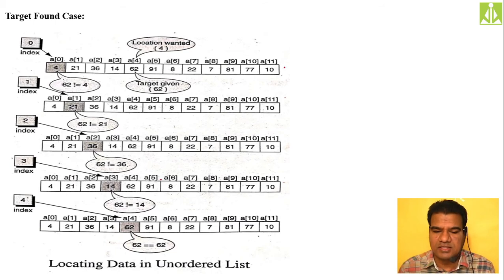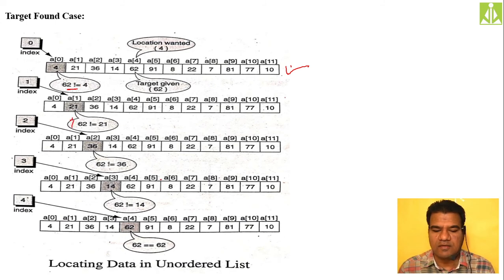Over here we have this list. This is my list, and our target is 62. We are looking for that 62 in this list. We start at index 0, which is 4. So do the comparison of 4 with 62. It is not equal. So what we have to do? Jump to the next element, that is 21.